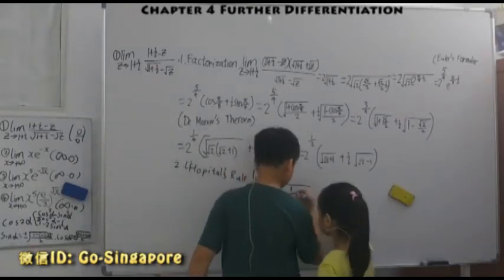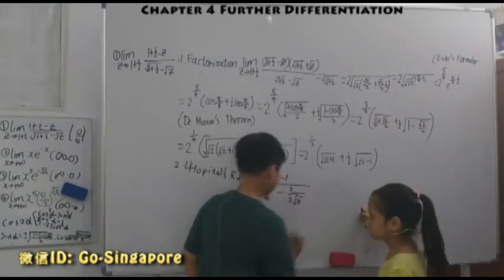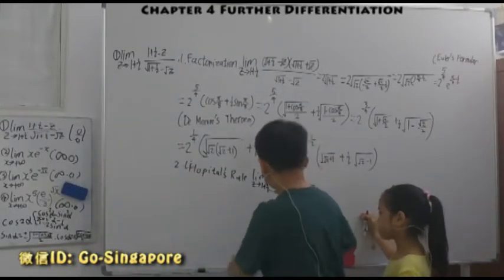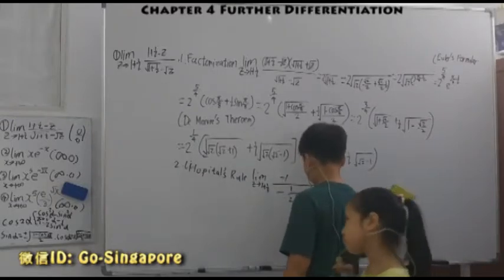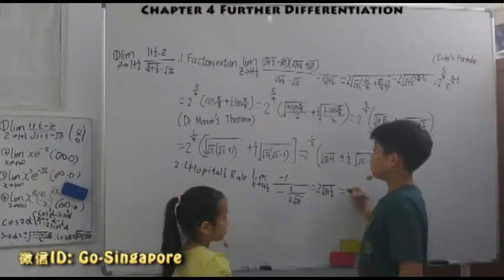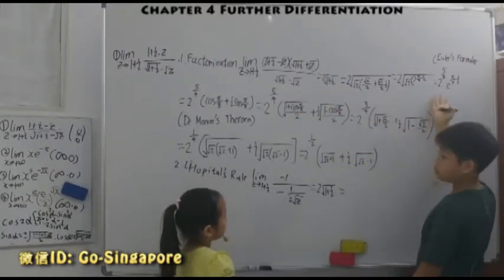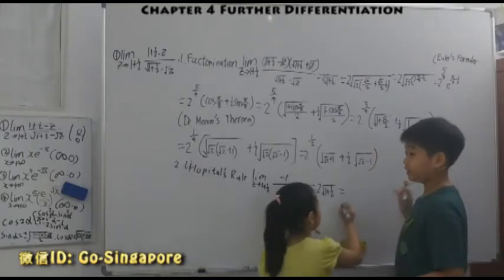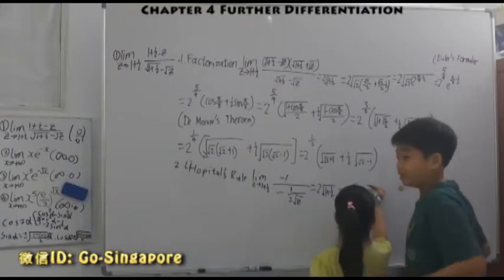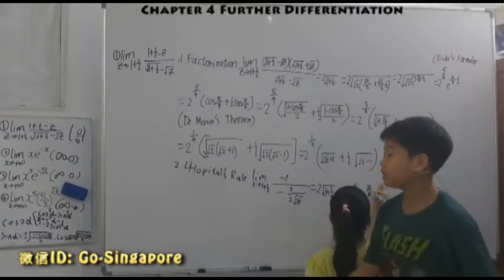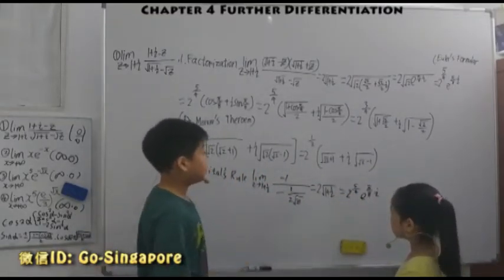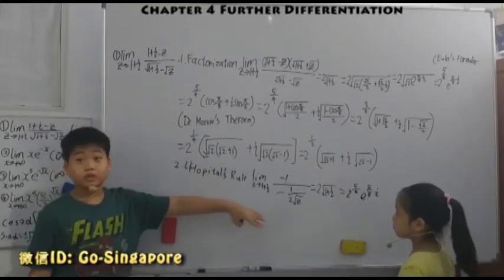Okay, never mind, I'll write this. Like this. Then 2 square root z flips to the top. And then this is 2 square root 1 plus i. We're facing the same problem again. So we look up here. The same thing happens again, right? So you don't need to continue because we already know it is the exact same thing, because we don't have any other methods. Okay, so this is for question 1.